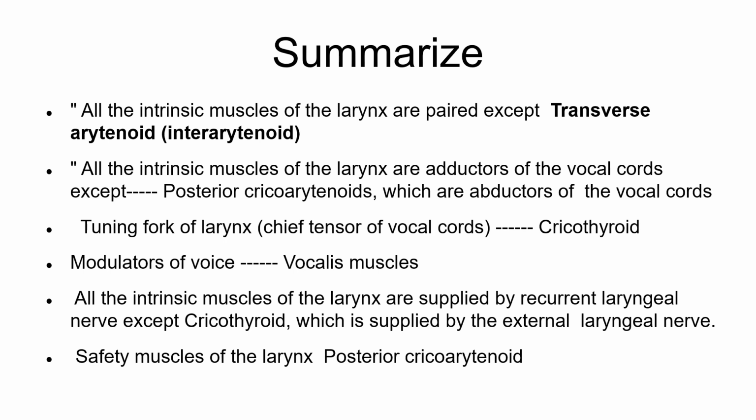All the intrinsic muscles are supplied by the recurrent laryngeal nerve except the cricothyroid. So if the recurrent laryngeal nerve is damaged, all the intrinsic muscles except cricothyroid will be affected. Cricothyroid is supplied by the external laryngeal nerve. All these are actually branches coming from the vagus nerve.